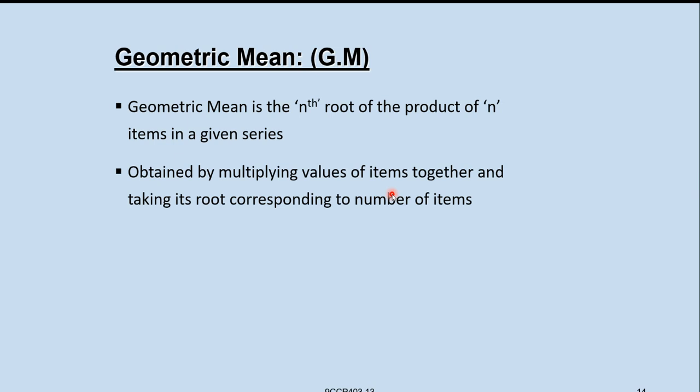These are obtained by multiplying values of items together and taking its root corresponding to the number of items. This I have explained to you. That means in arithmetic average, we take all the additions, sum, but in geometric mean, we take multiplication of all items. So that is the concept in geometric mean.